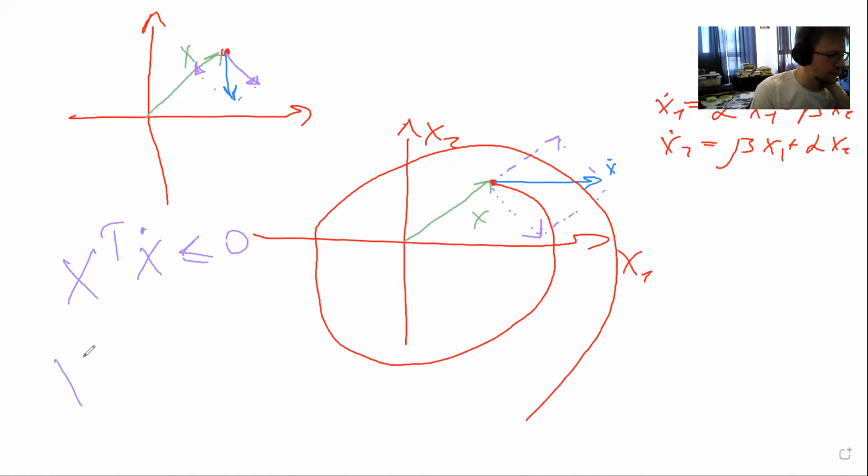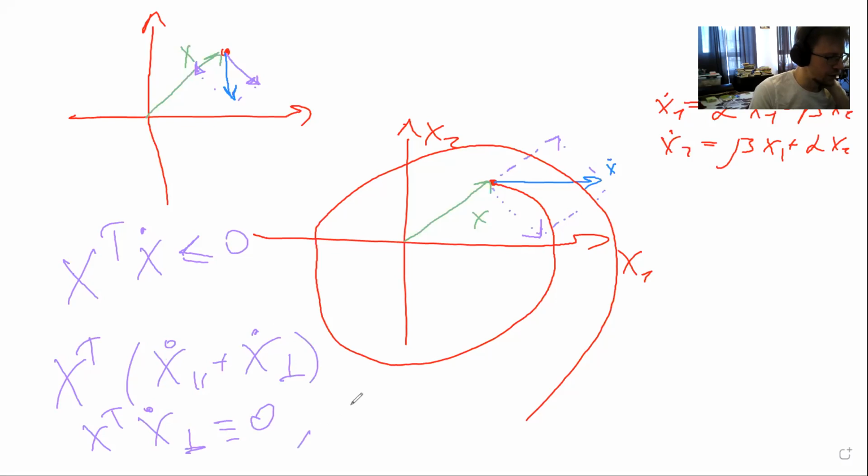And if we write it out, we can say it is x dot parallel plus x dot perpendicular. But we know that, by the definition of dot products, this is always 0. Hence this is the same as the original one.